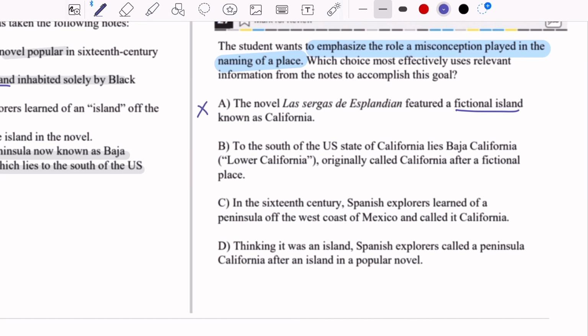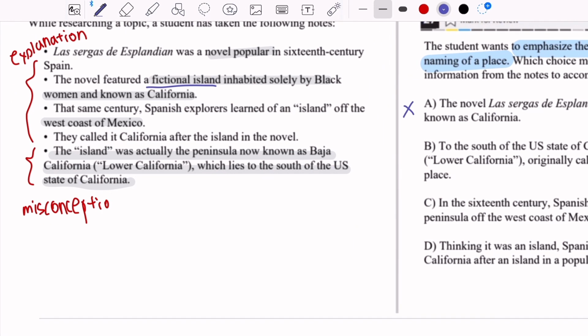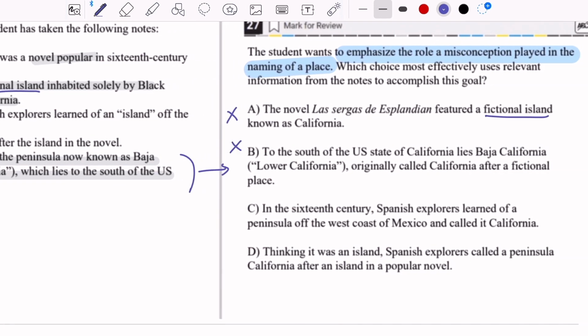Option B. To the south of the U.S. state of California lies Baja California, originally called California after a fictional place. Yes, it's pointing out this point, but also it's not explaining what misconception it had.